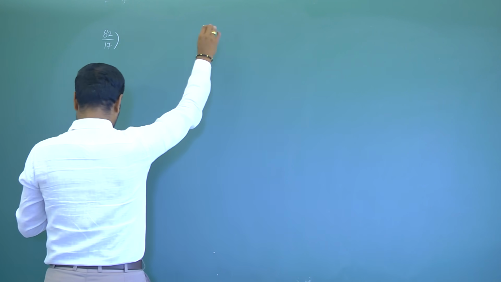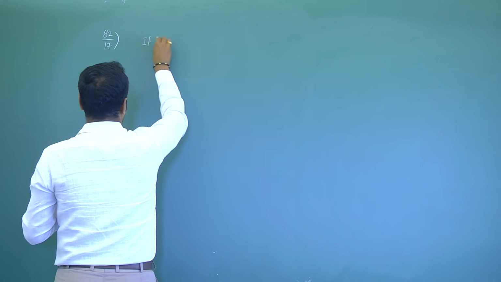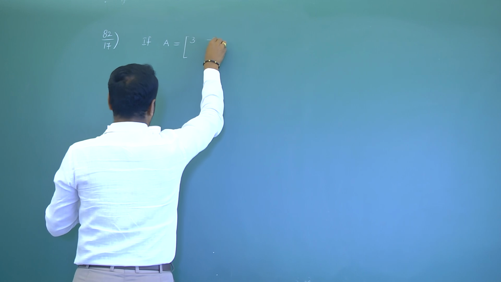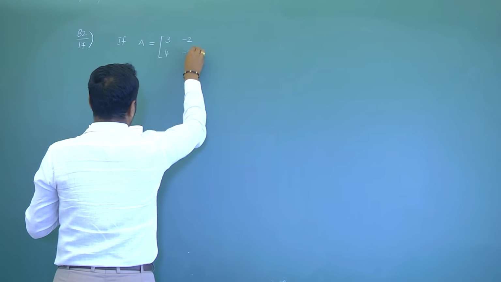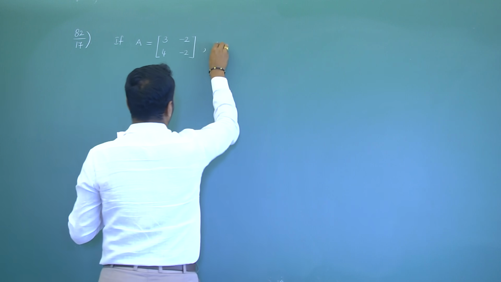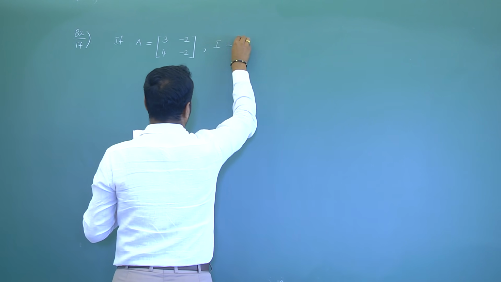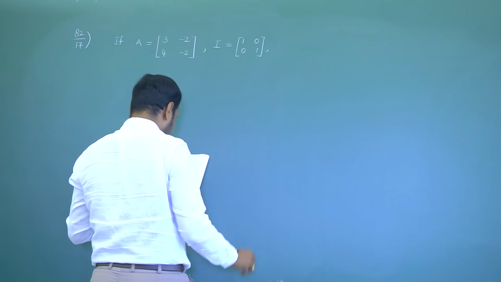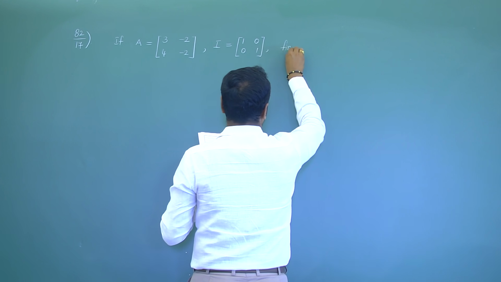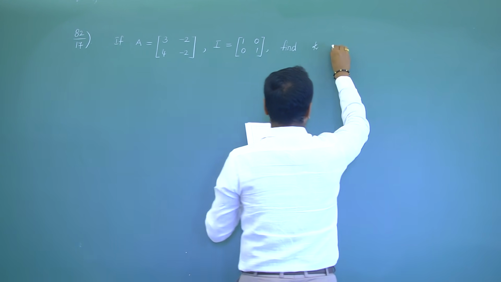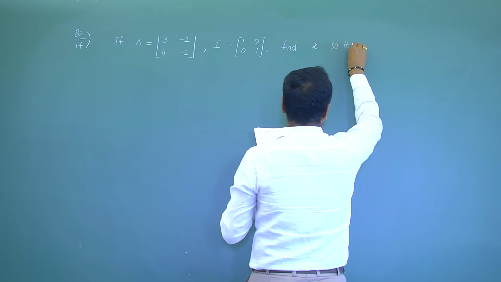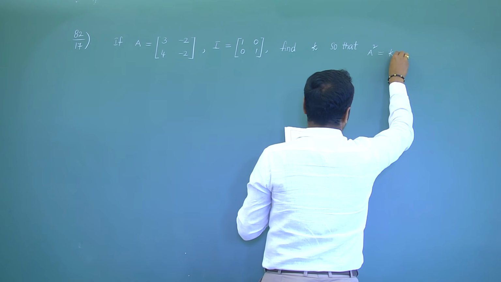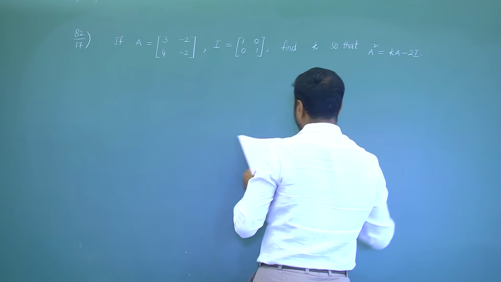If capital A equals to 3, minus 2, 4, minus 2, capital I equals to 1, 0, 0, 1, then find K so that A square equals to K into A minus 2I.